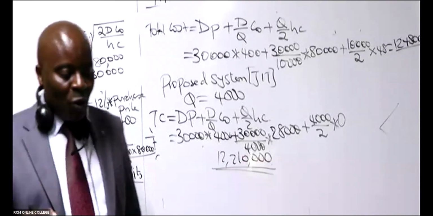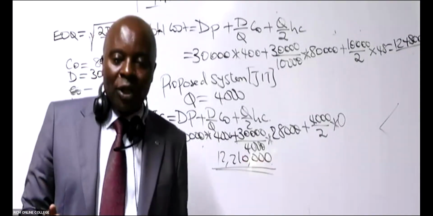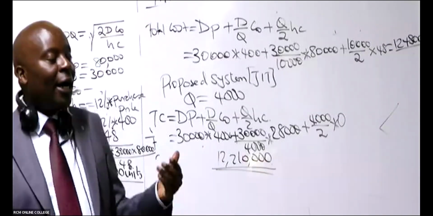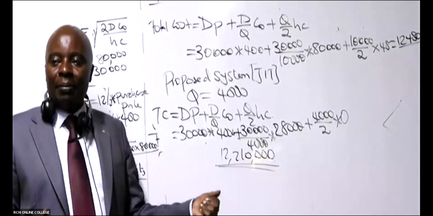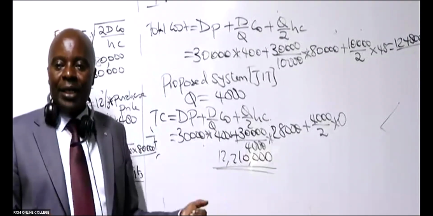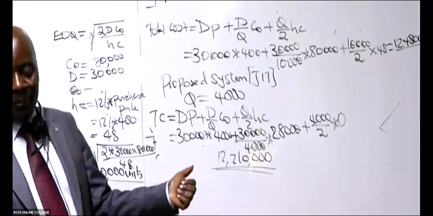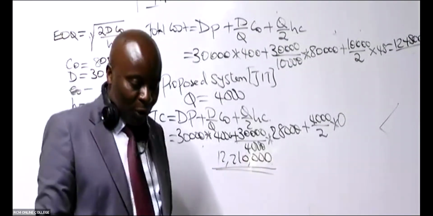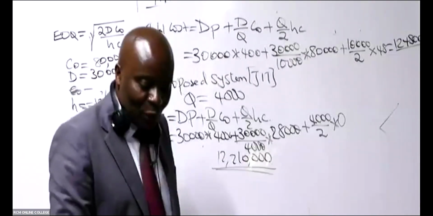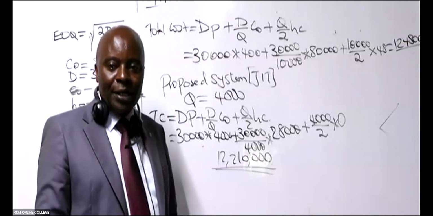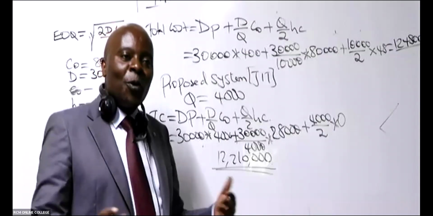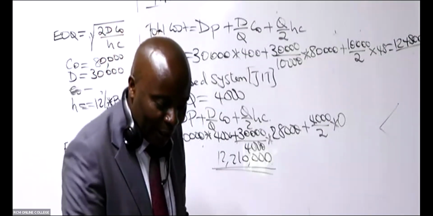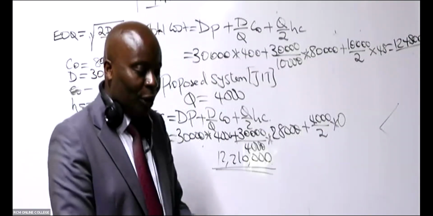So you own up the question, you own up the assignment, you're the consultant, you say, I recommend the proposed system. Then that way you become what here? An advisor. You've advised.